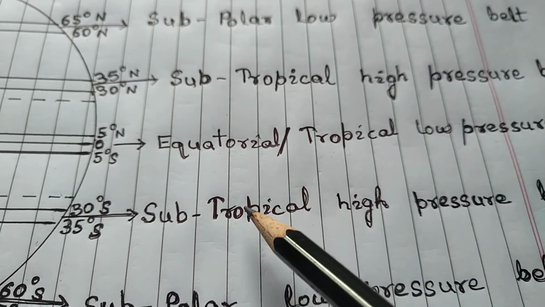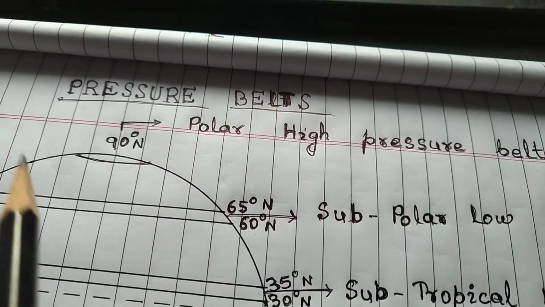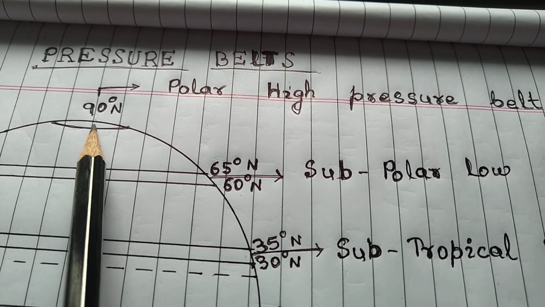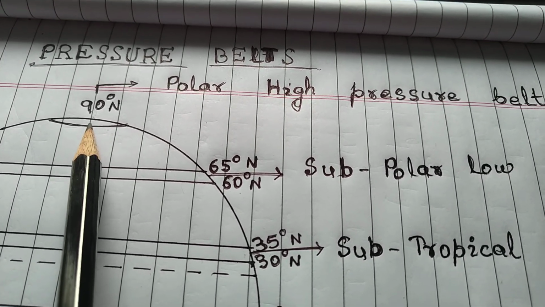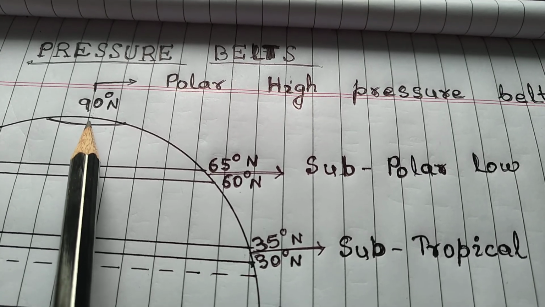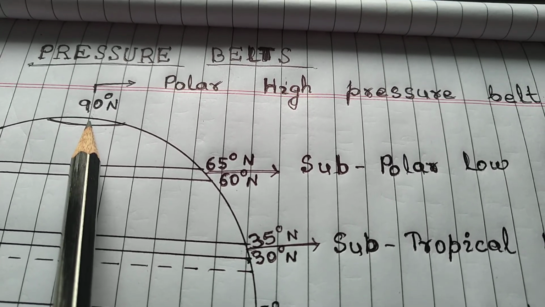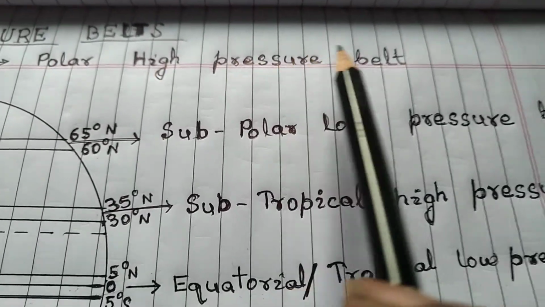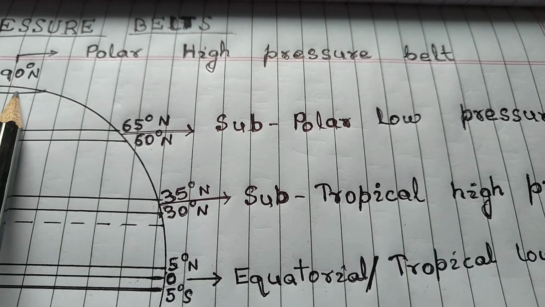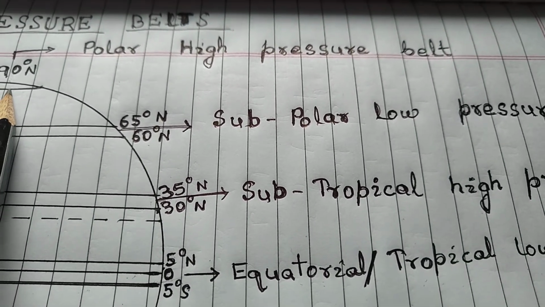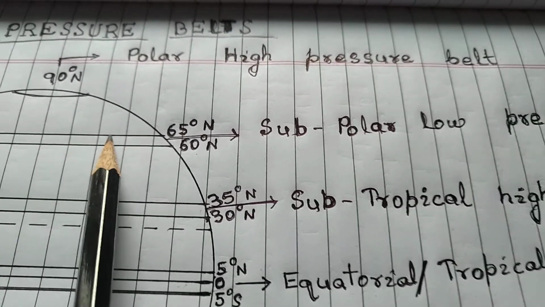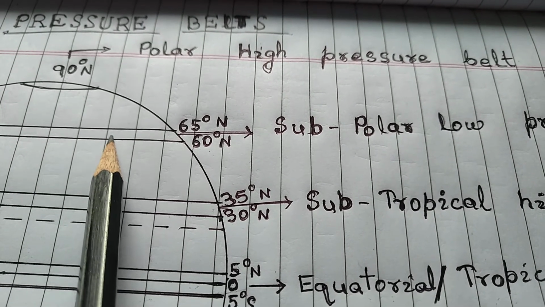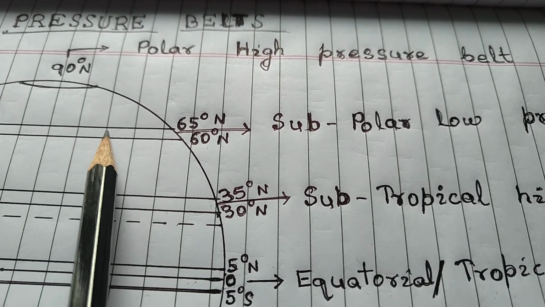After finding these three belts, we will go to the polar region. Near the pole, temperature is very low. This area is totally covered with snow, so it has high pressure. So we will write polar high pressure belt for the polar region. Next to the polar, we are seeing the comparison between polar and subpolar.